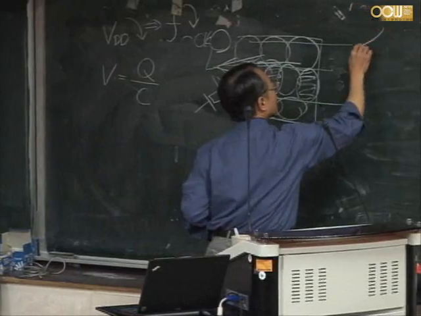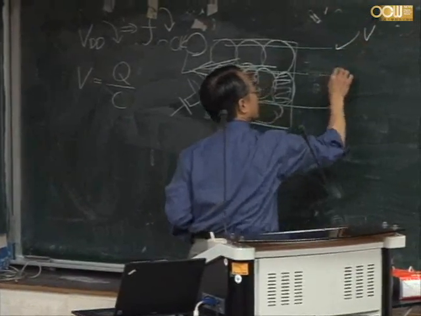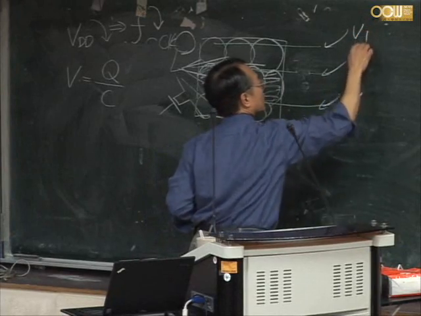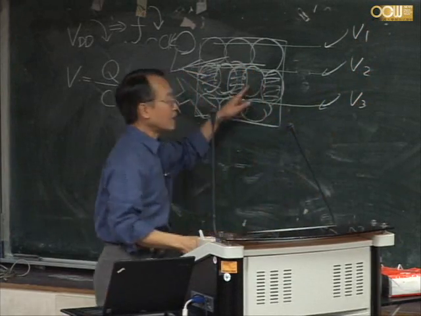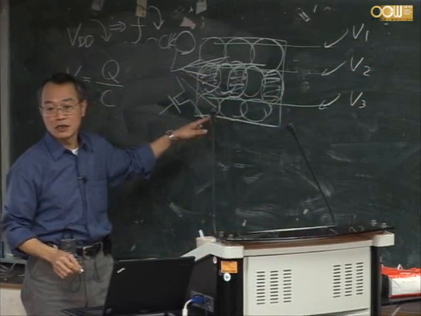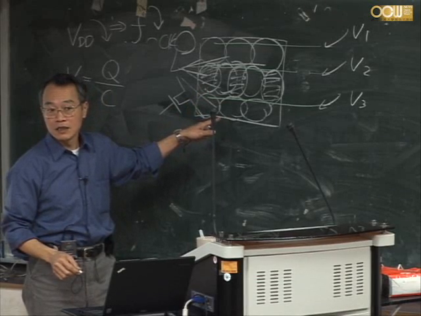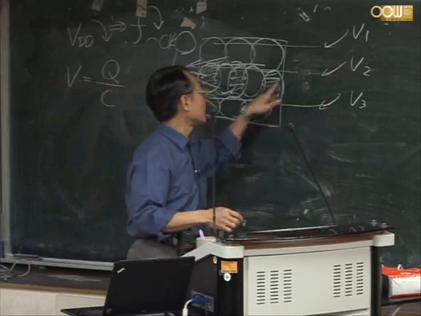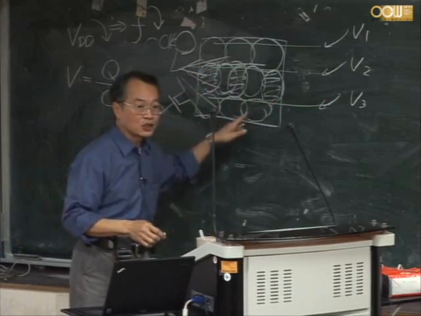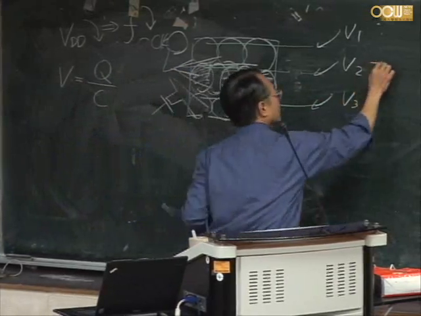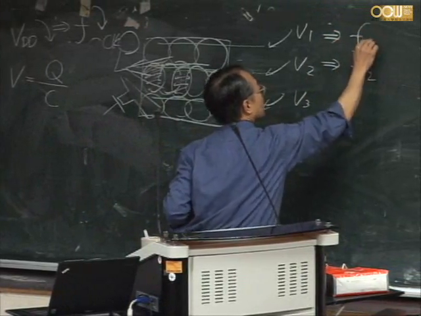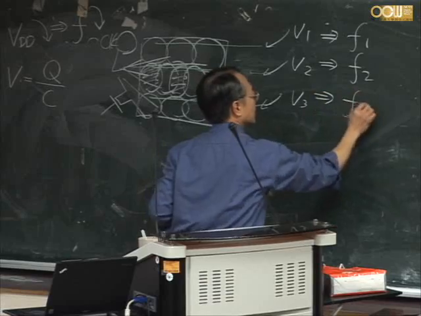But I change the voltage supplied to each module in my circuit. So if I change the voltage supplied to each individual module, I need to change the frequency accordingly.